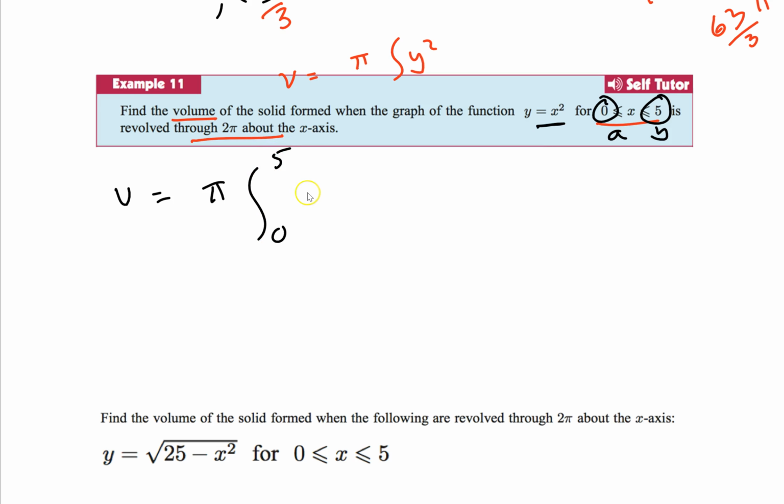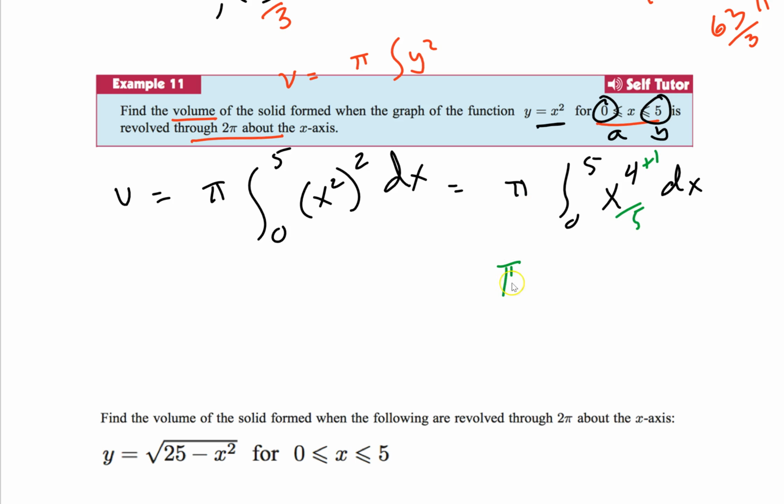0 to 5. Now again, my equation is x squared. I still have to square it because it's the equation squared, dx. So I'm going pi, 0 to 5, of x to the 4th dx. Now we integrate it. We add 1 to the power and divide by the new power.